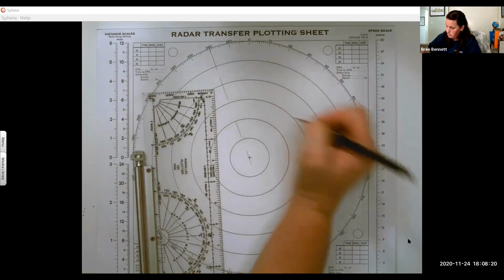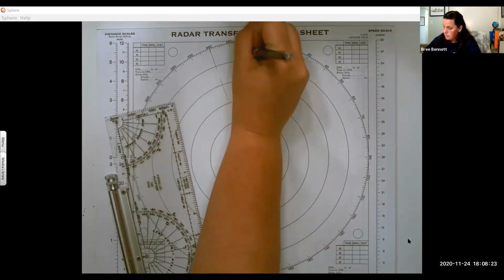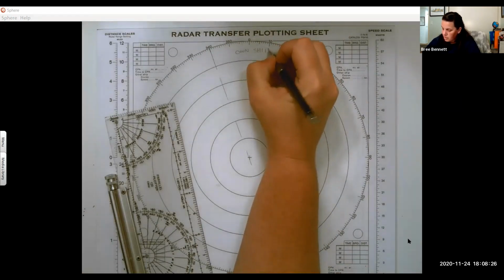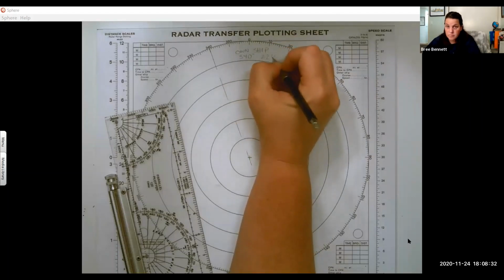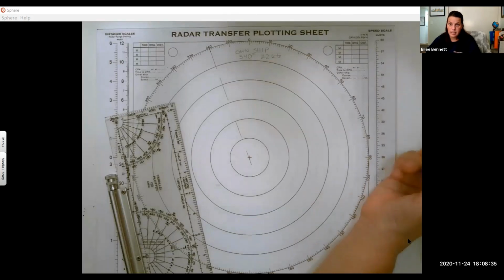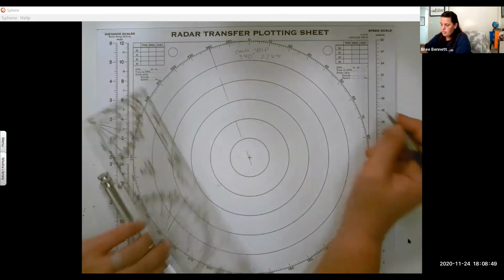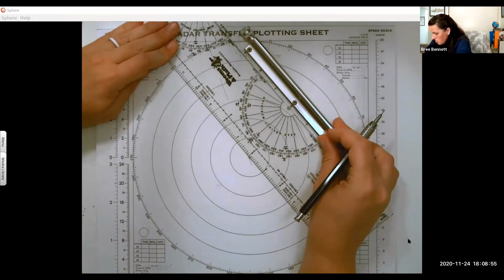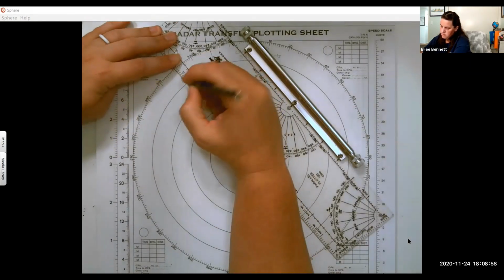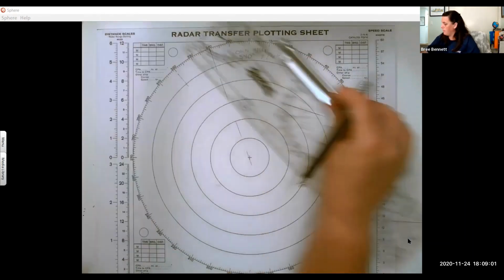I'm going to say my own ship is at 340 at 22 knots. At 4:12, a pip is observed on your radar scope. The contact is bearing 320 at 10.7 miles. So we'll do 320 at 10.7.